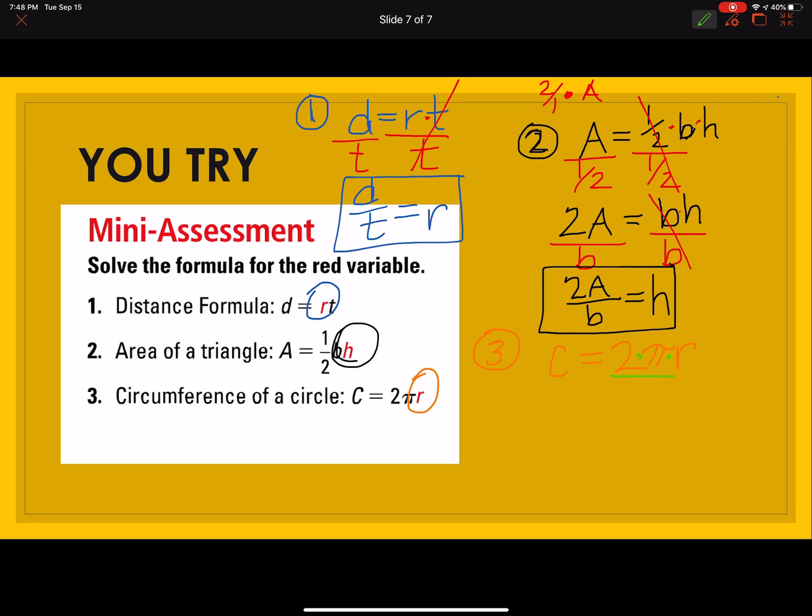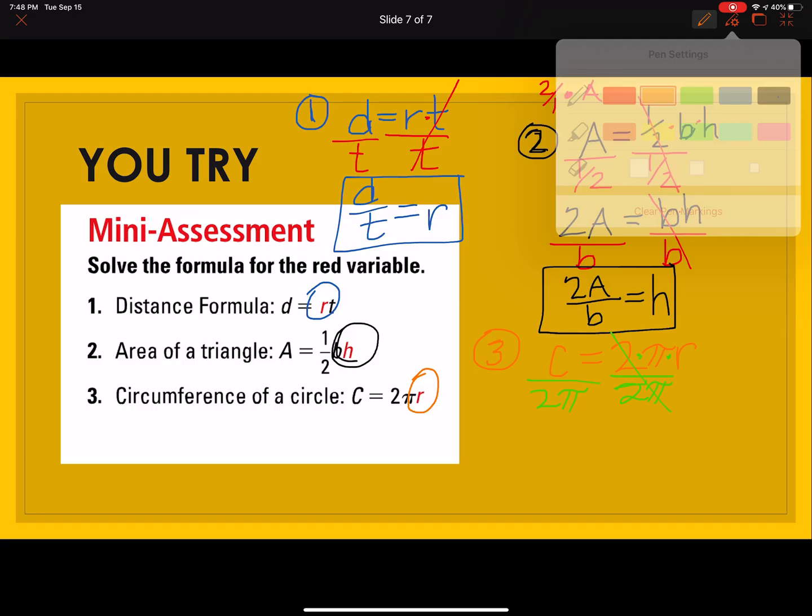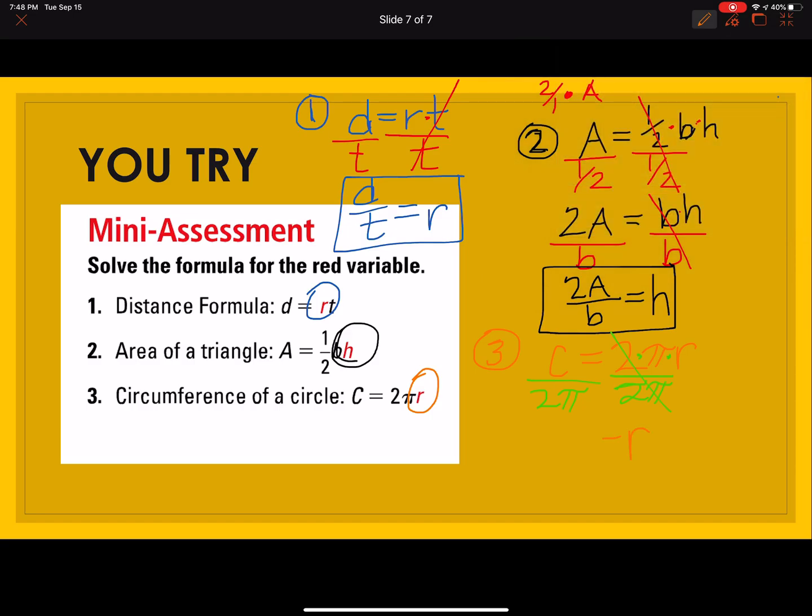So I'm going to divide by what I want to get rid of, which is 2 pi. Whatever I do on one side, I have to do on the other side of the equal sign. So I'm going to divide by 2 pi on the left side as well. Now I've got R isolated, and I'm left with C divided by 2 pi.